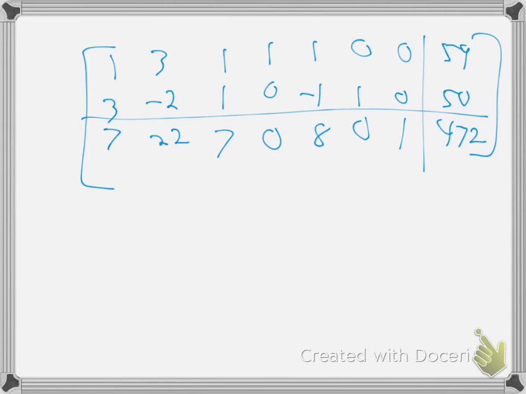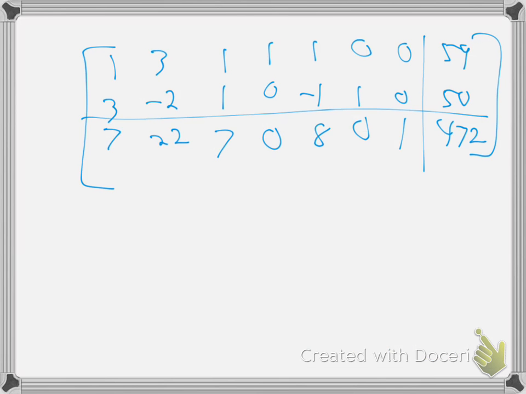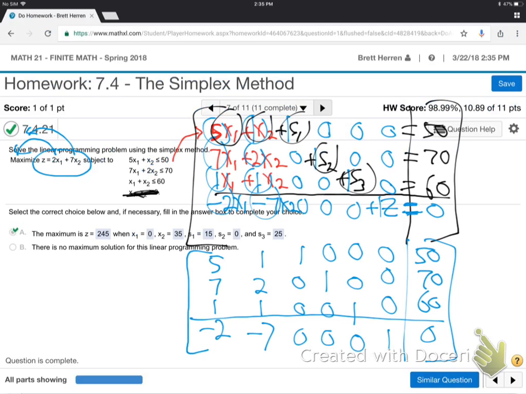Now you have to go back and put the letters in to read what that answer is really saying. What were the letters? Remember, it was X1, X2, and then S1, S2, S3. So this is X1, X2, S1, S2, S3, and then Z. Wait, is that right?